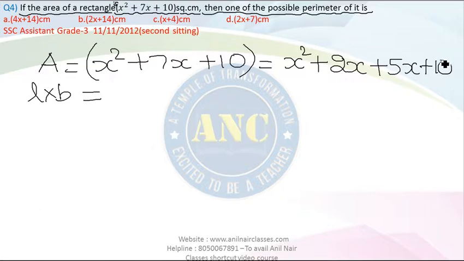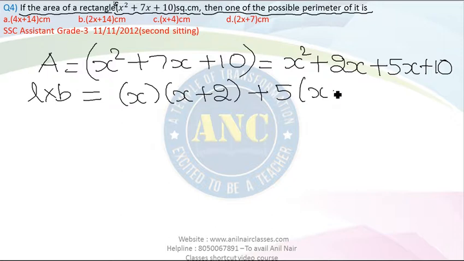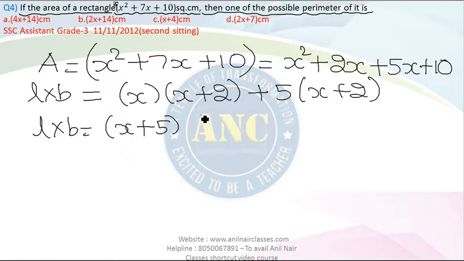All these simplifying the quadratic equations I will not teach you right now, sir. You might have studied in your school days itself. That means this becomes x into x plus 2, plus 5 into x plus 2. So finally length into breadth becomes x plus 5 into x plus 2.